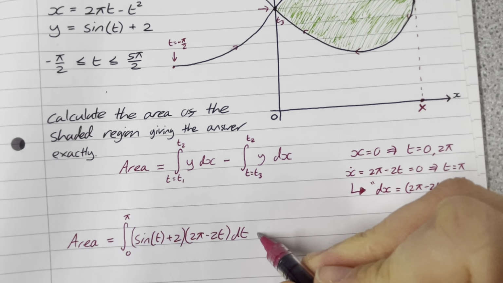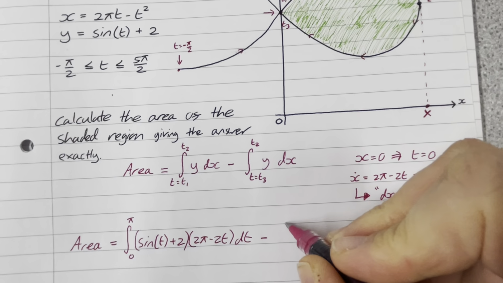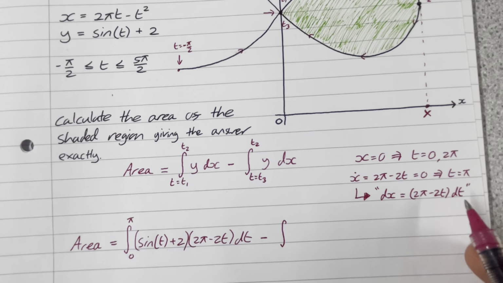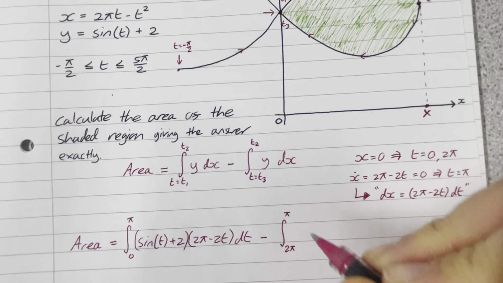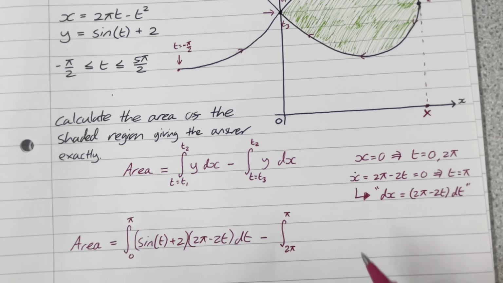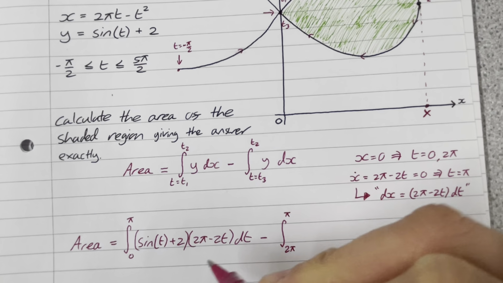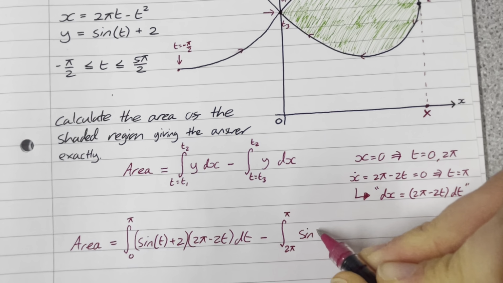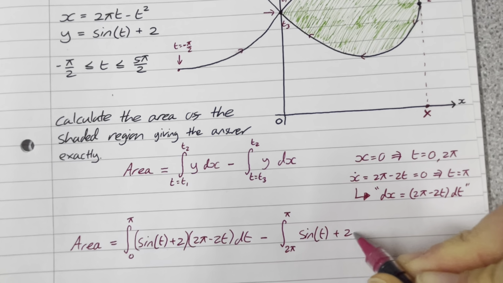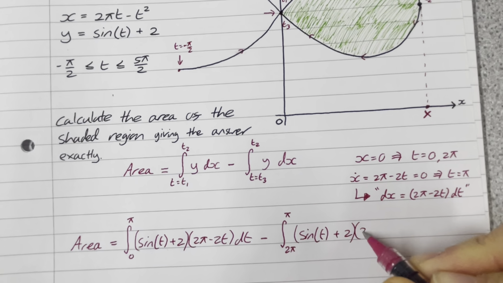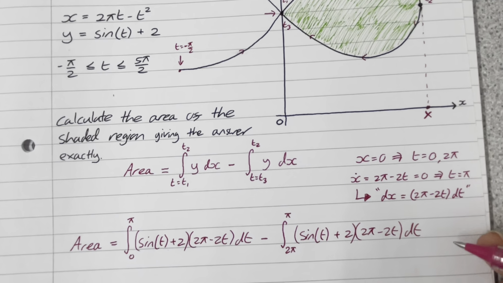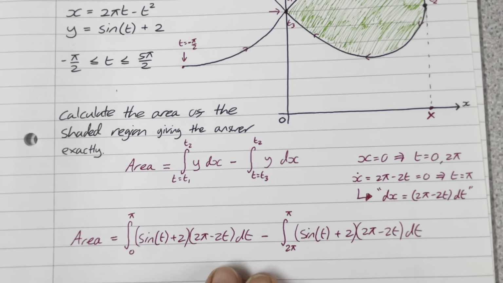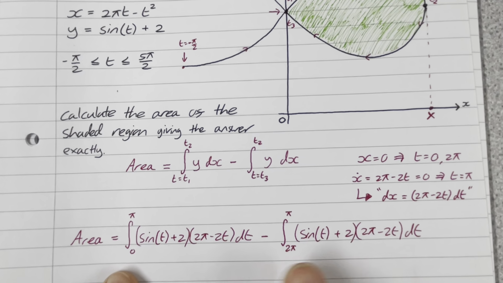Subtract the second integral, from t3, which was 2 pi, to t2, which is pi. That feels wrong, but it is right, of the same thing: sine t plus 2, times 2 pi minus 2t dt. So the area is given by these two integrals.